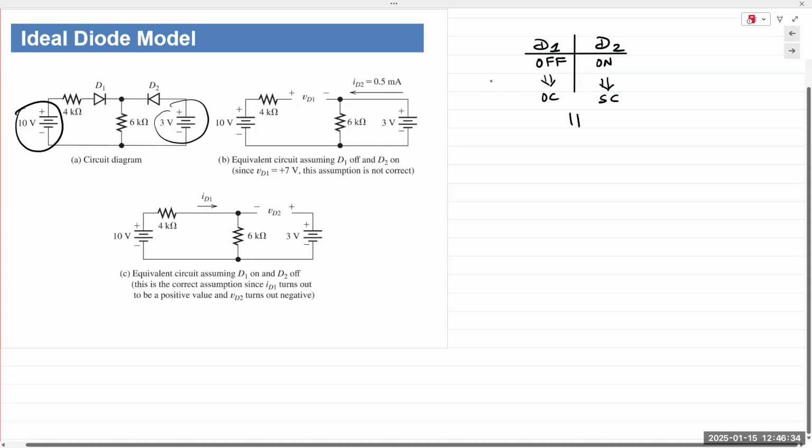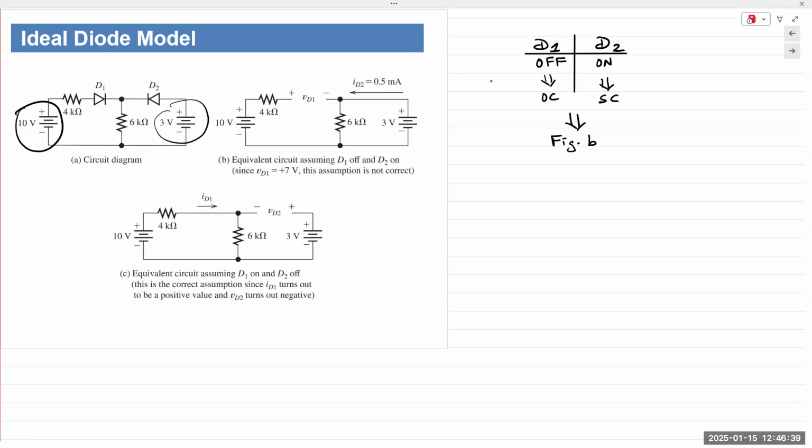Okay, I'm going to say figure B. So I want to go a bit slow and explain how we are replacing and what the replacement means. We are assuming D1 to be off. If D1 is off, we replace it with an open circuit, meaning we take D1 out and replace it with an open circuit.